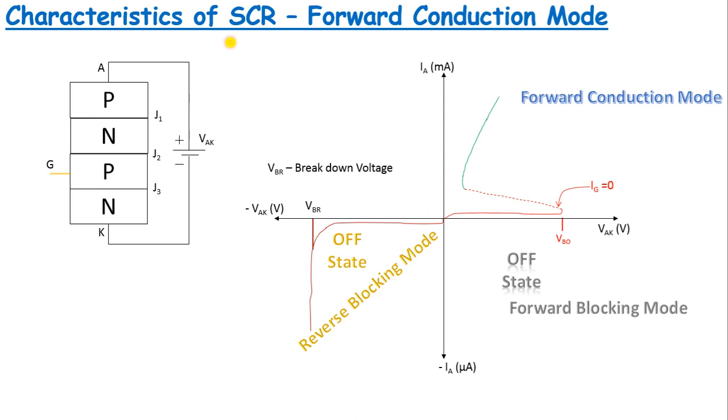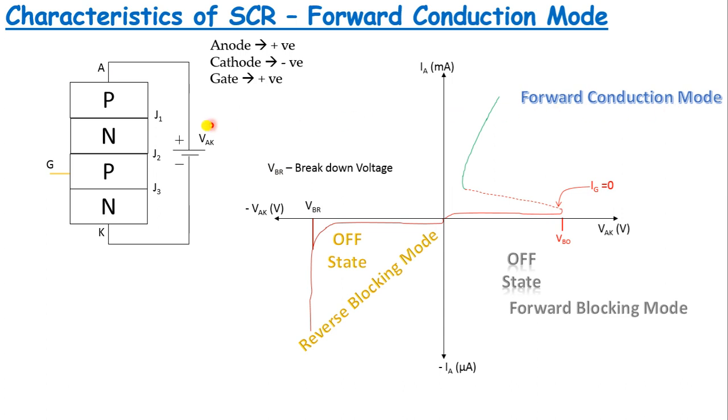Now we can see the characteristics of SCR under forward conduction mode. There is a similarity between forward blocking mode and forward conduction mode. That is, in forward blocking mode, we connected the anode to the positive terminal of the battery and the cathode to the negative terminal of the battery.